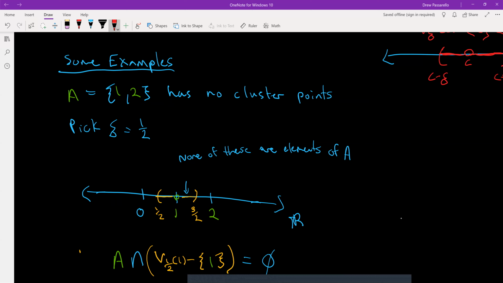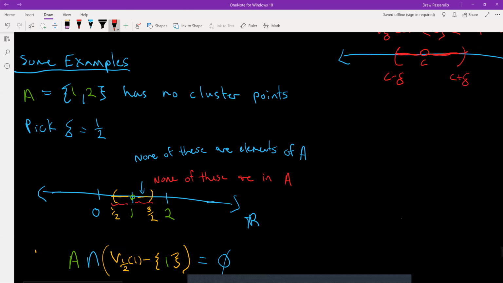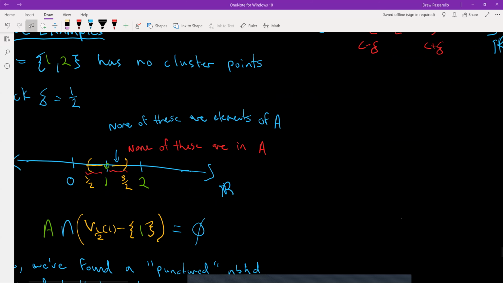So then that punctured neighborhood around 1 in yellow contains members of the real number line that are not members of A. None of these are in A. So when you intersect A with this punctured neighborhood around 1, its intersection is empty.